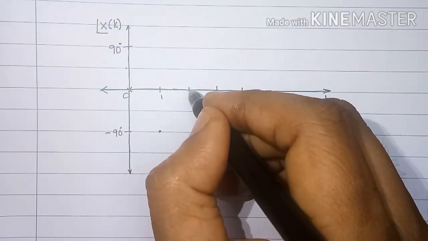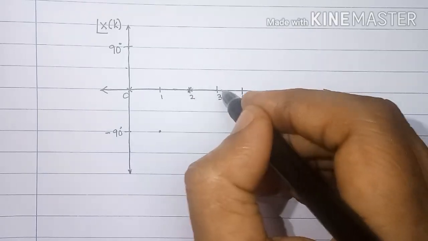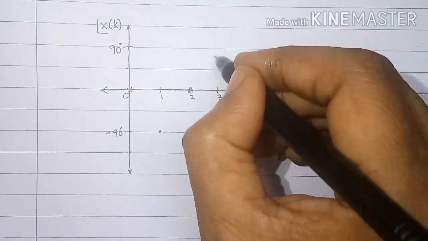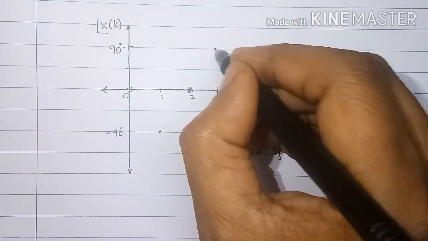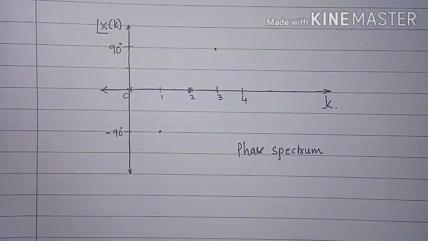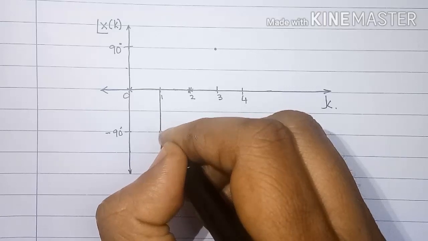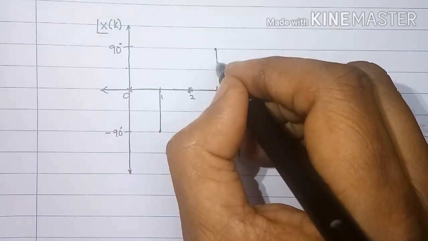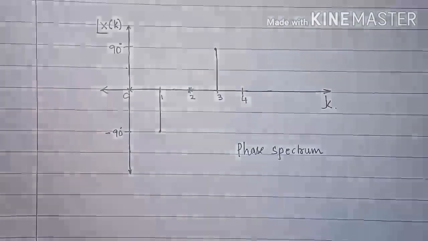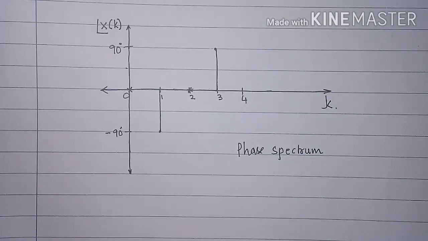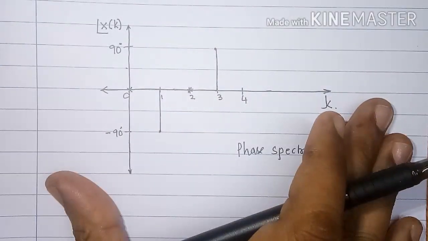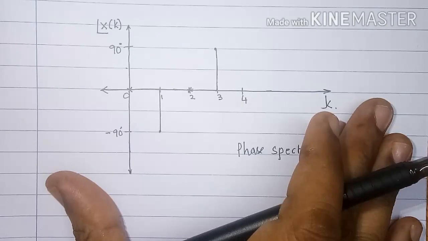For k equal to 2, again angle is 0. And for k equal to 3, angle is plus 90 degree. So this is the phase spectrum of 4-point DFT of given sequence.